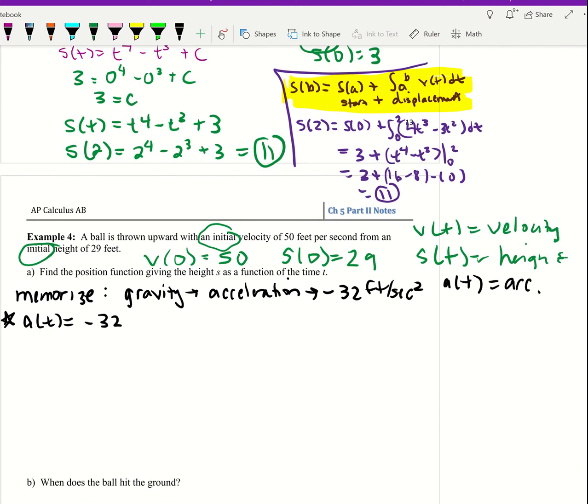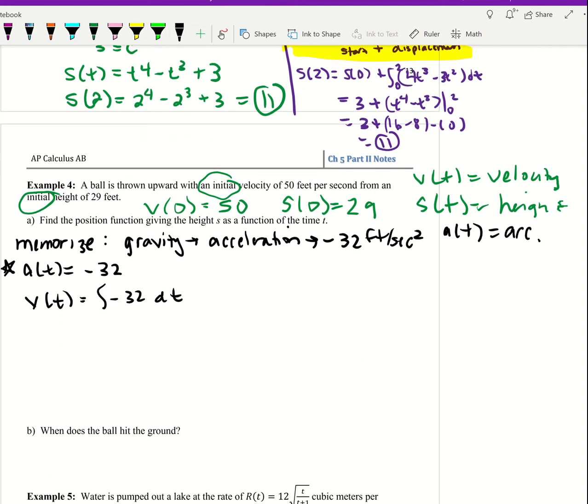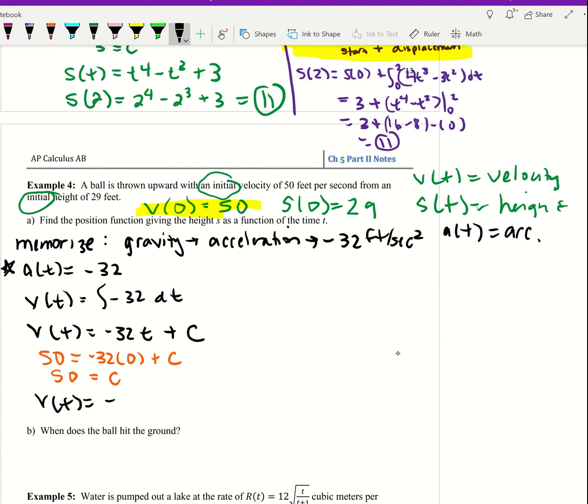Well, that's helpful because if I want to talk about the velocity, I can integrate the acceleration. So the velocity function can be found as negative 32t plus constant c. I do have an ordered pair for velocity where the output is 50 when the input is 0. And so this will allow me to see that the constant here is 50. So I could rewrite the velocity more precisely as v of t is equal to negative 32t plus 50.